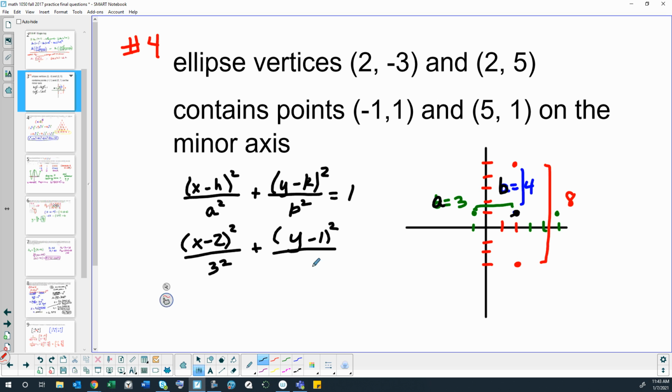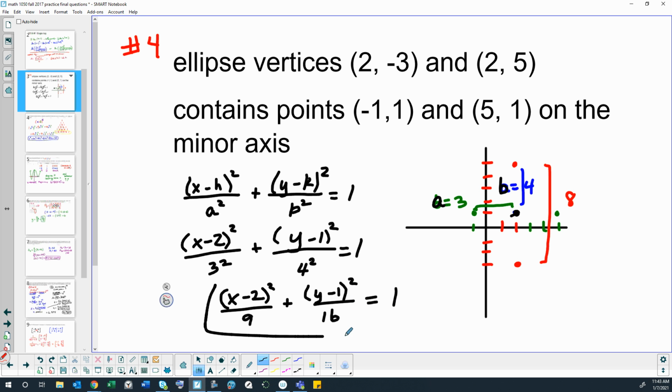And that's going to be over the vertical distance from the center squared, so 4 squared. So that gives us (x minus 2) squared over 9 plus (y minus 1) squared over 16. So there's our equation, which matches the answer key that's in front of me here.